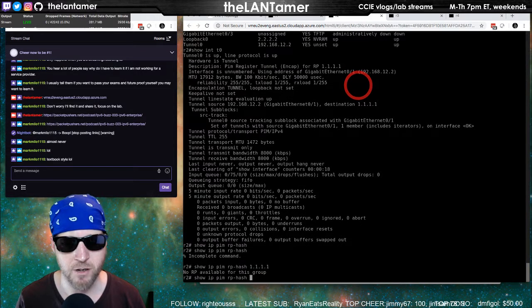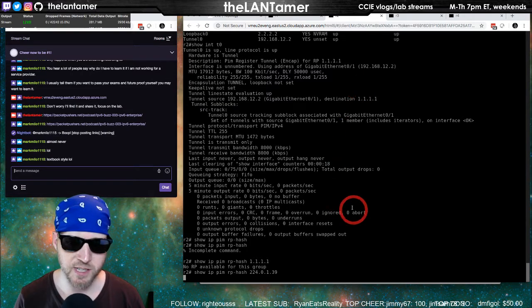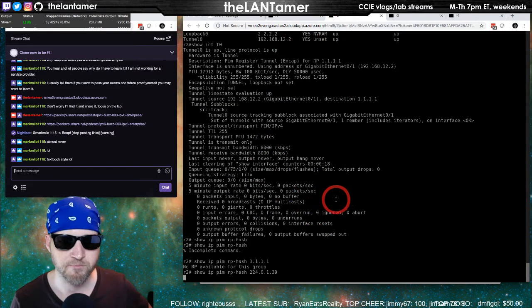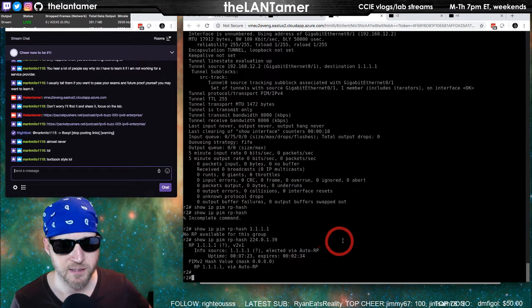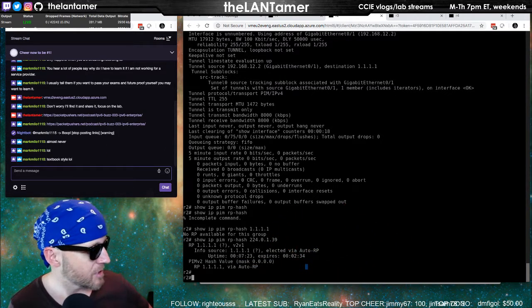Oh, the group. Yeah, I don't know what an RP hash is. Is that authentication? Well, that's taking a while to run. PIM v2 hash value mask 0. Okay. I'm not going to concern myself too much with that at the moment.